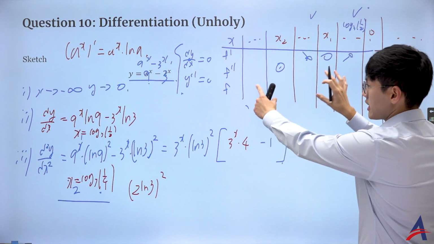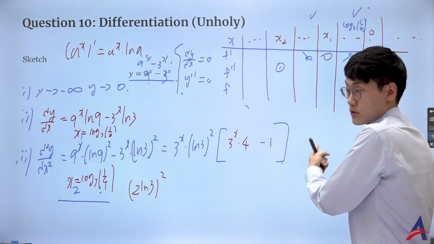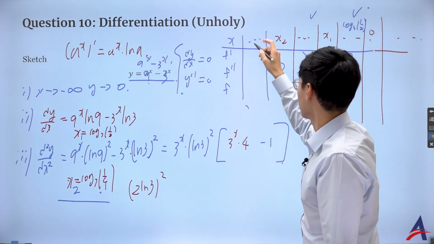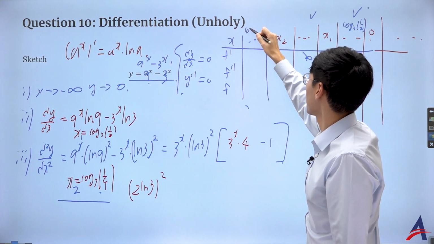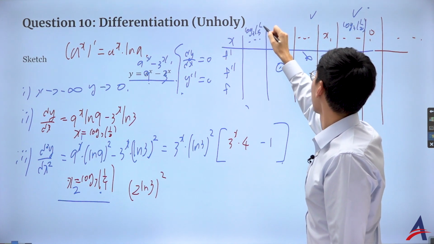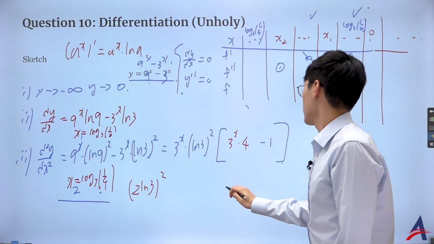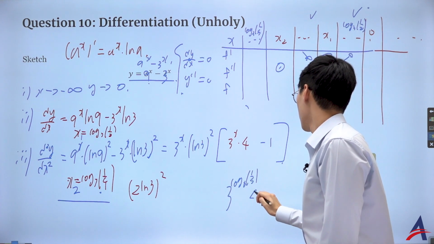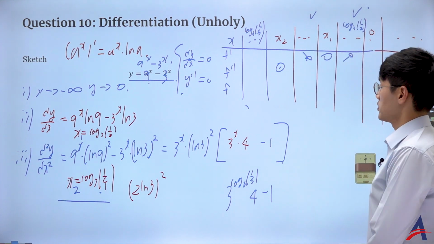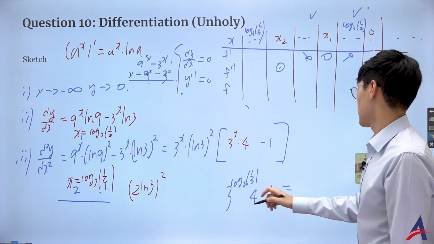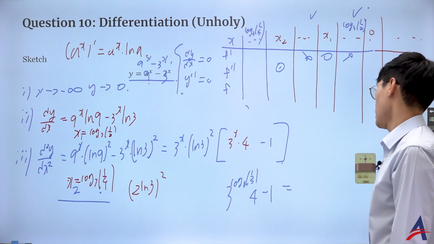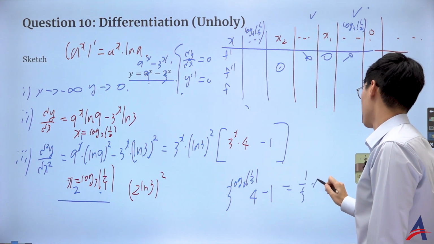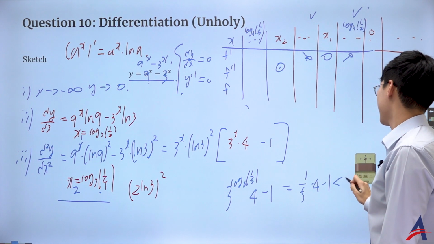Then I want to check its neighborhood. So anything smaller. Maybe I would put in this neighborhood log base 3 of 1 over 5. You know, why not? So if I put 3 to the power of log base 3 of 1 over 5, times 4 minus 1, I get 1 over 5 times 4 minus 1, which is negative.